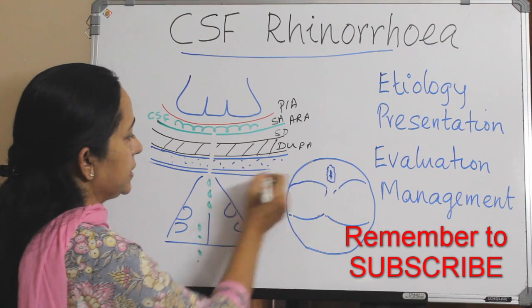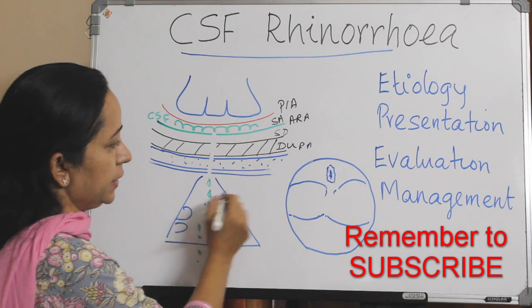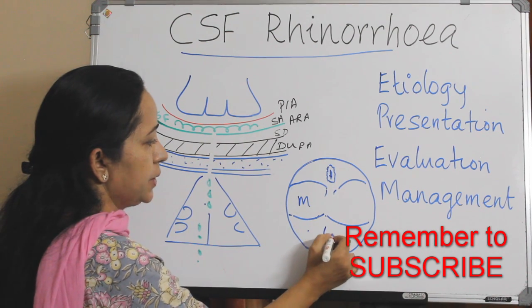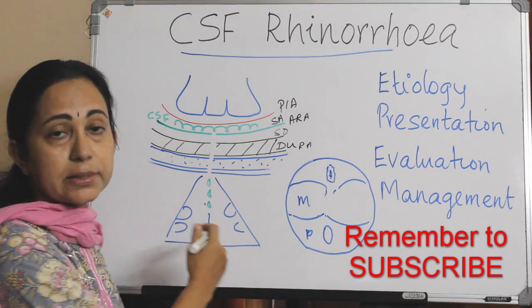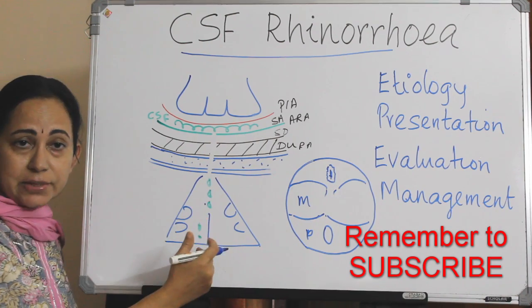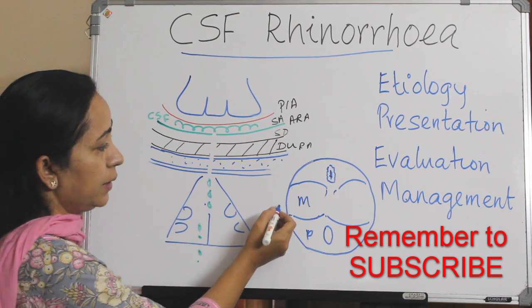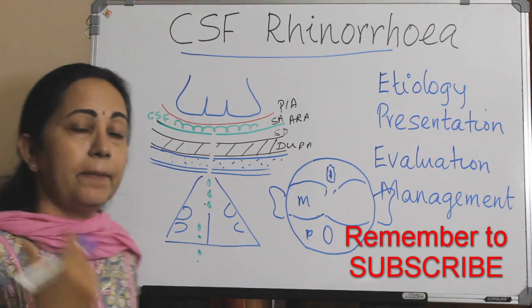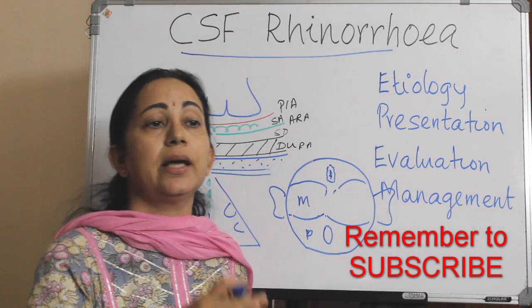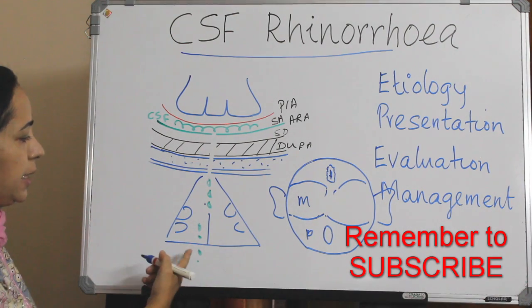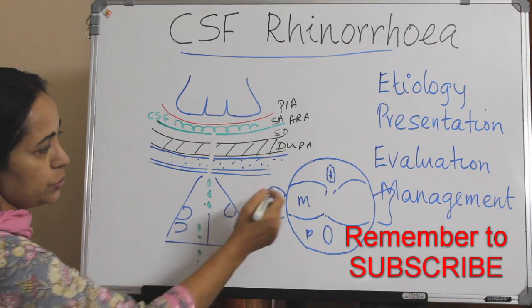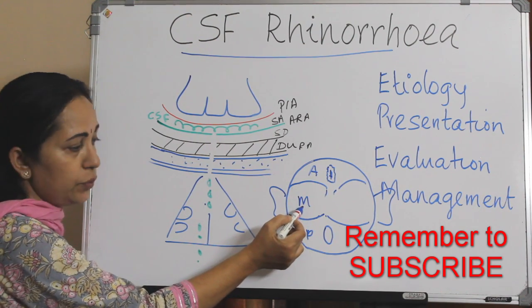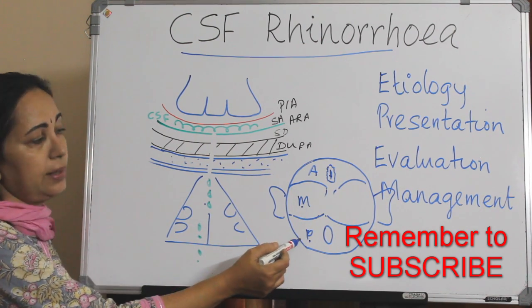In that case it will directly come into the nasal cavity. But if it is from the middle cranial fossa or from the posterior cranial fossa, how will it come into the nasal cavity? That is through a defect in the mastoid cavity, then into the middle ear, and from there through the eustachian tube this can come into the nasal cavity. So the defect can be in the anterior, middle or posterior cranial fossa.